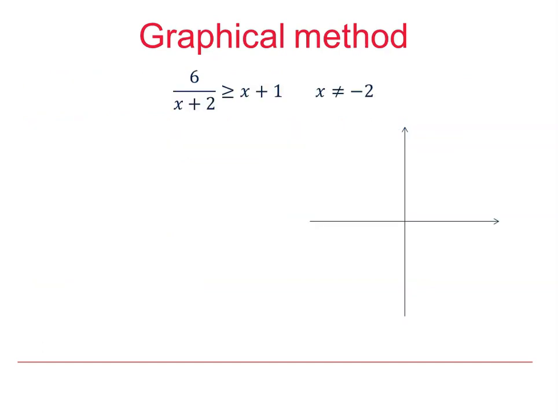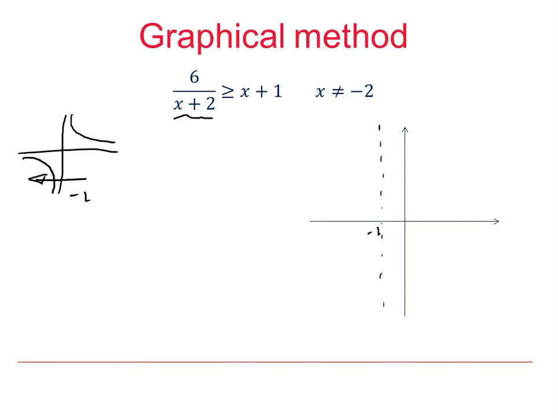First of all, let's consider the left hand side, 6 over x plus 2. This is going to be similar to the graph of 1 over x that you're familiar with, but because it's x plus 2, it's translated 2 units to the left. So in other words, the asymptote is going to be going through the value -2.